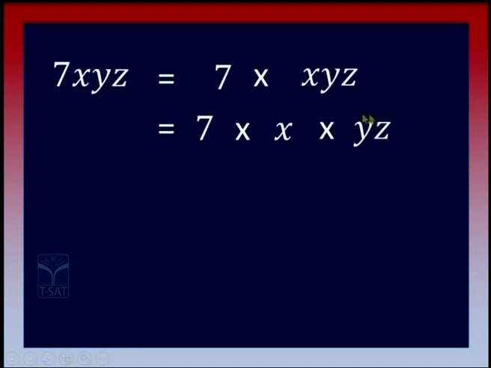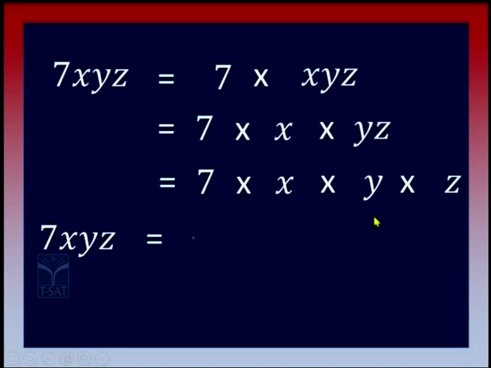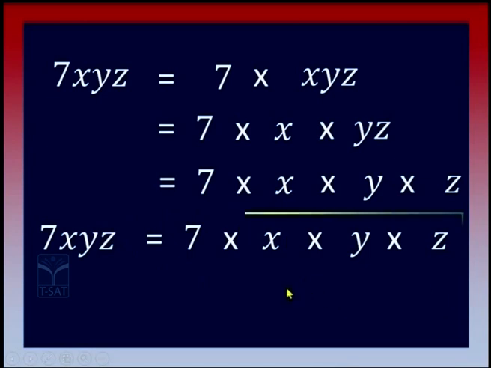No, we can further split this term yz also. So I write this as 7 into x into y into z. This is the last stage of factorization, because we cannot split any term 7, x, y, z further. 7 into x into y into z is the last stage of factorization.